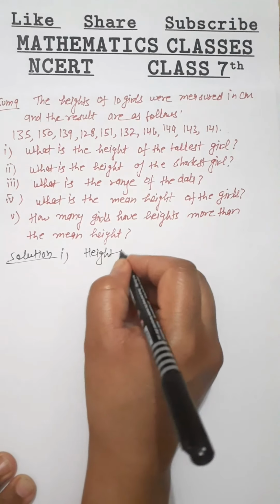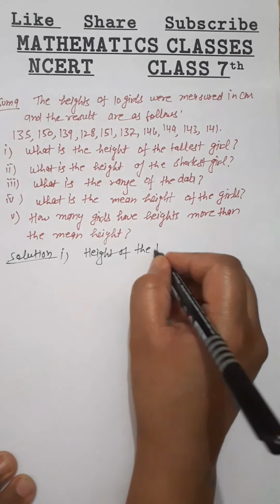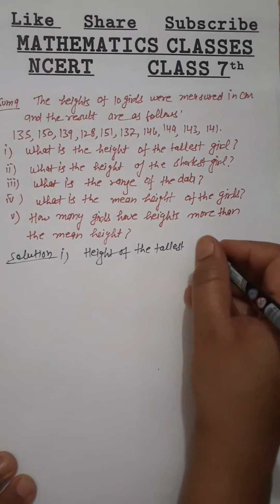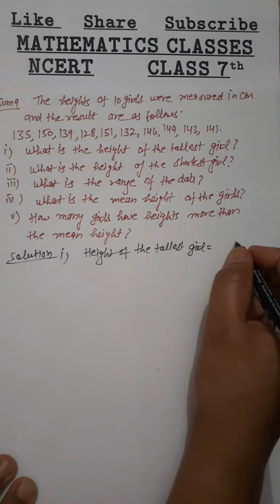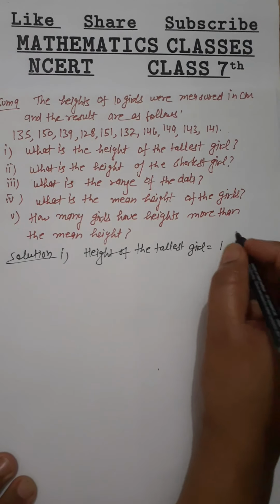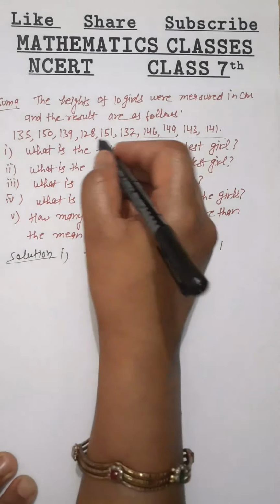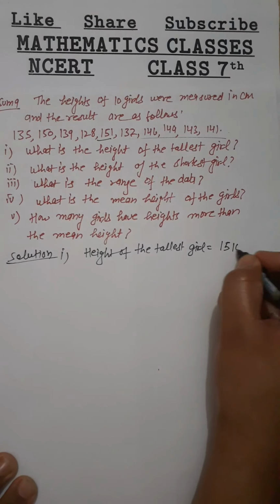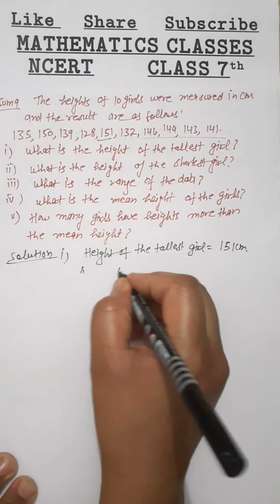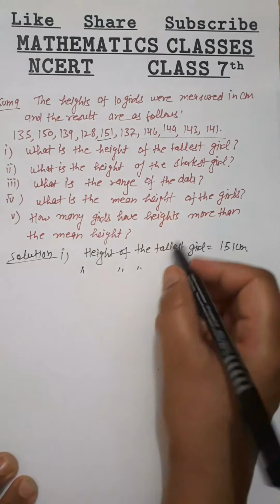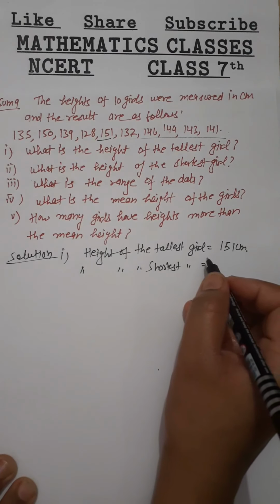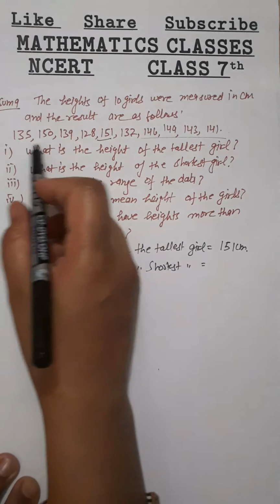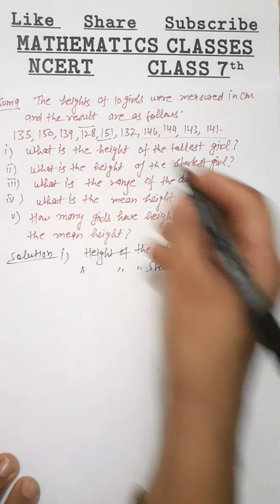Height of the tallest girl, that is 151. Height of the shortest girl, that is, see from here, 128.